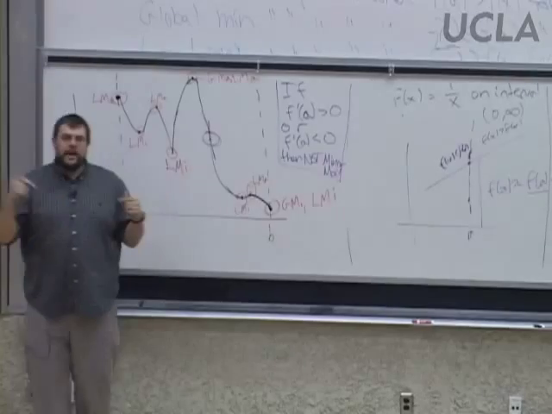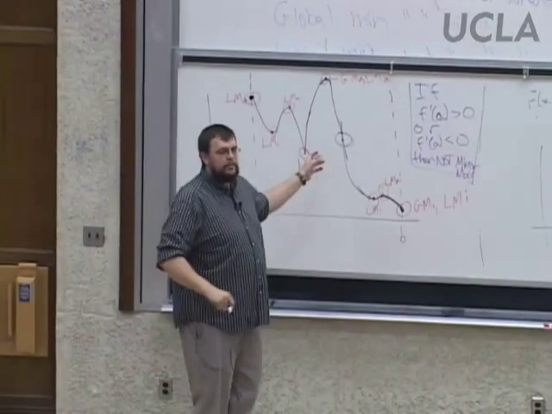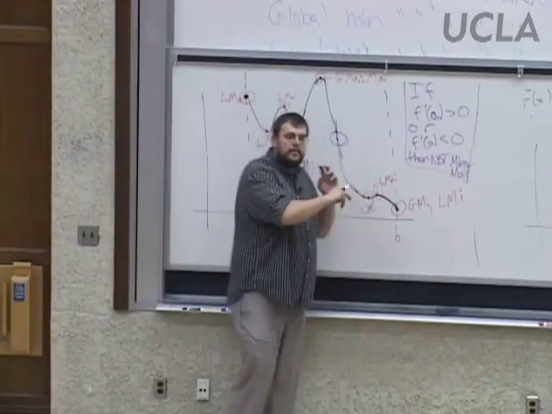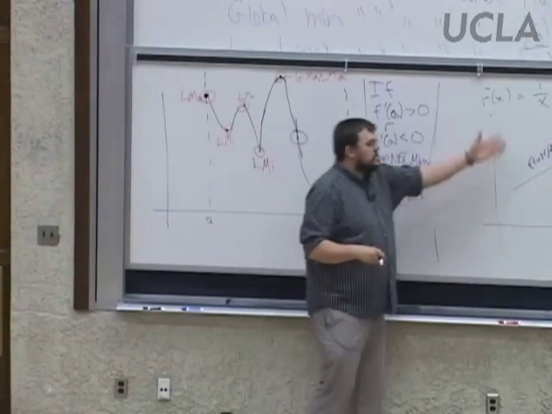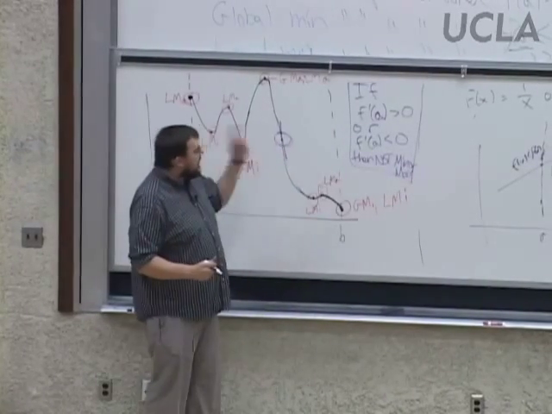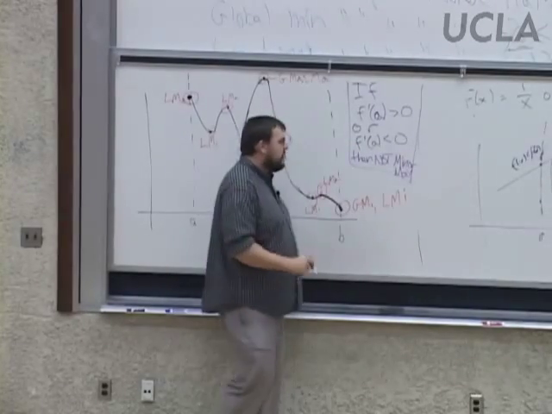So if the derivative is positive, it's not going to be at a min or a max, because I can move either to the left or to the right and the function goes up or down. If the derivative is negative, it's not going to be a min or a max either, because I can move to the left or to the right and my function will go up or down. I know what's happening with the tangent lines, and that's telling me what's happening with the function. Okay, so now I know to rule out these points. So what points are left?